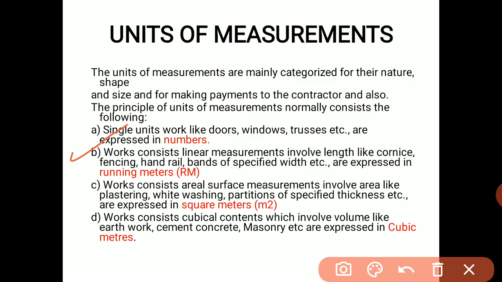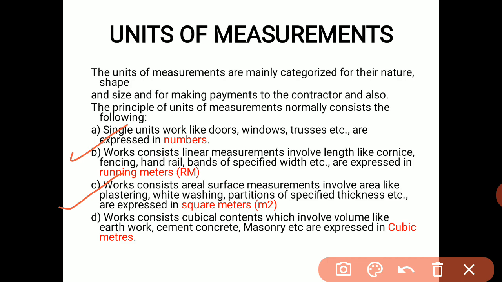The works which are mainly classified according to their length are expressed in running meter, RM. The work consisting of areal surface measurements, like plastering, whitewashing, partitions of specified thickness, etc., are expressed in square meters.